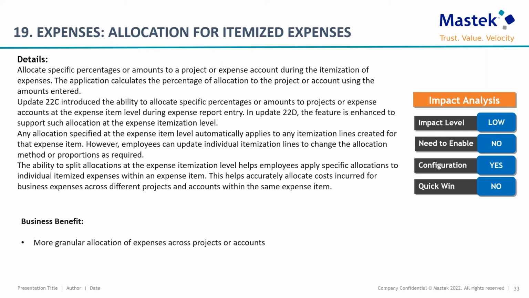This can be the same as the allocation of the expense item these itemizations belong to, or these can be different from there as per the business requirement or the actual scenario. But yes, this allocation for itemized expenses is possible now with the 22D upgrade.